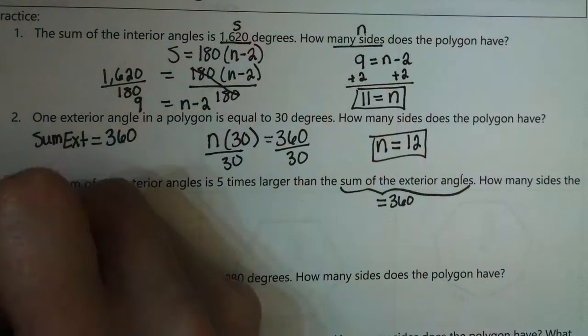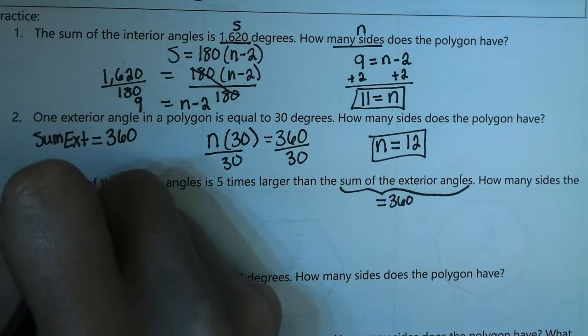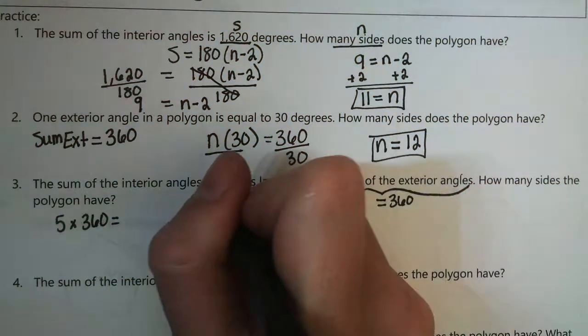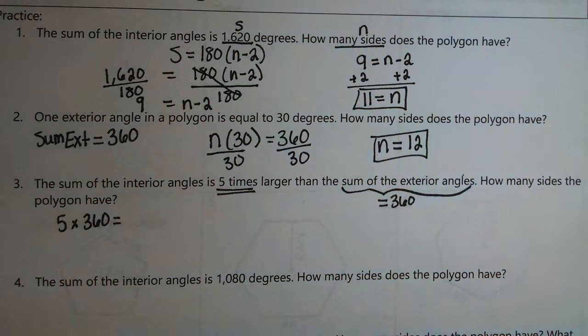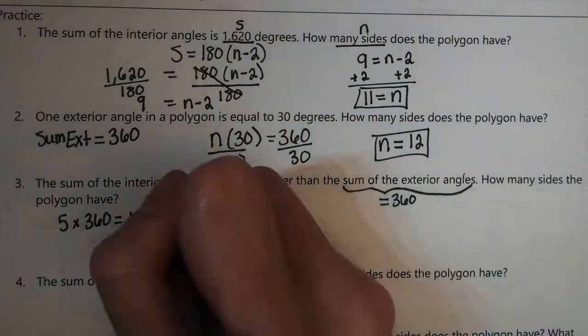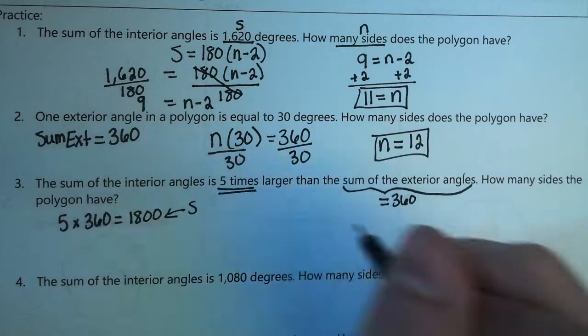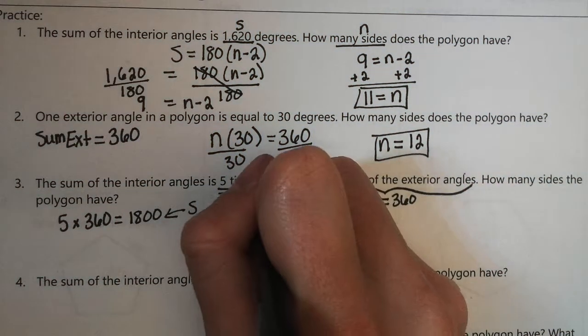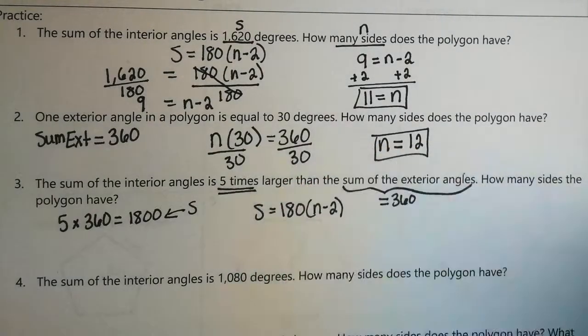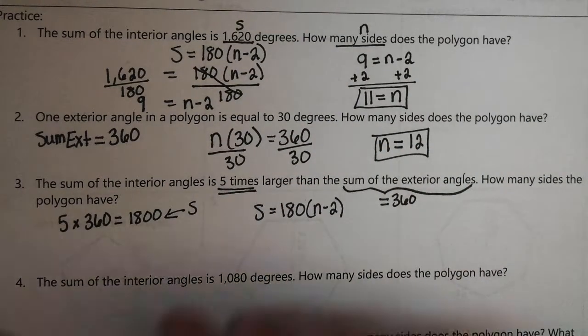So we need to multiply 5 and 360, because the sum of the interior is 5 times larger than 360, to get 1800. Now that is my S, and S equals 180 times n minus 2. And I'm looking for n once again.